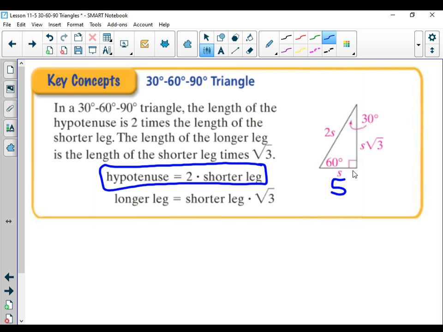If I take 5 times 2, I found the hypotenuse so fast, it was 10. 2 times the shorter leg. Or if the shorter leg was 7, 2 times 7. So fast I can find that hypotenuse. So this was a really cool shortcut he found. Take the shorter leg times 2, you can get the hypotenuse really fast.